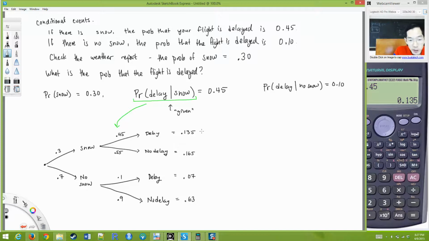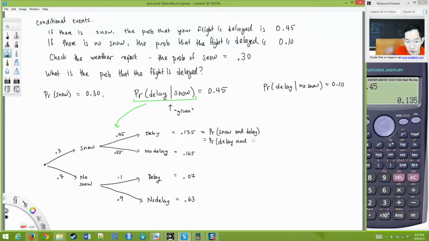This 0.135 is equal to the probability of snow and delay. Or also equivalently, the order of the words inside an "and" doesn't matter.